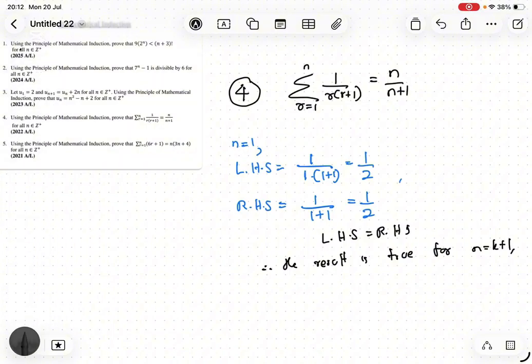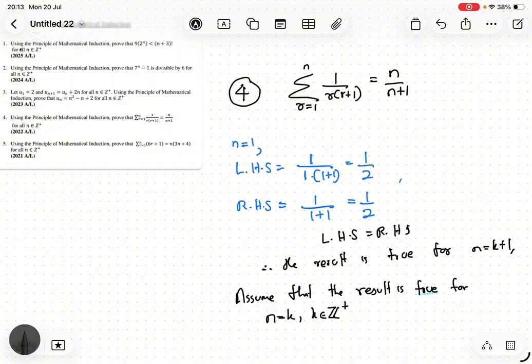Then, okay, now we will do the assumption, right? Assume that the result is true for n equals k, where k is an integer. Right? So what we assume here?